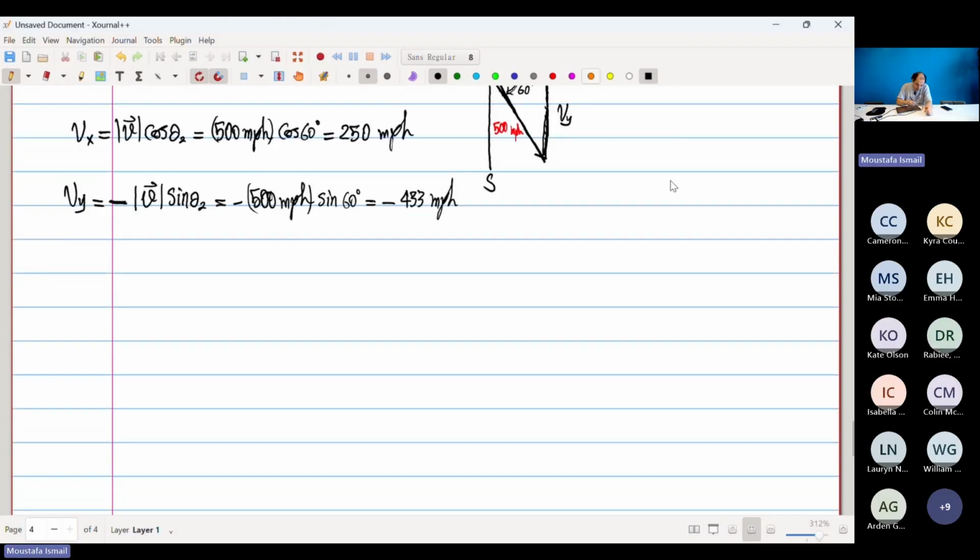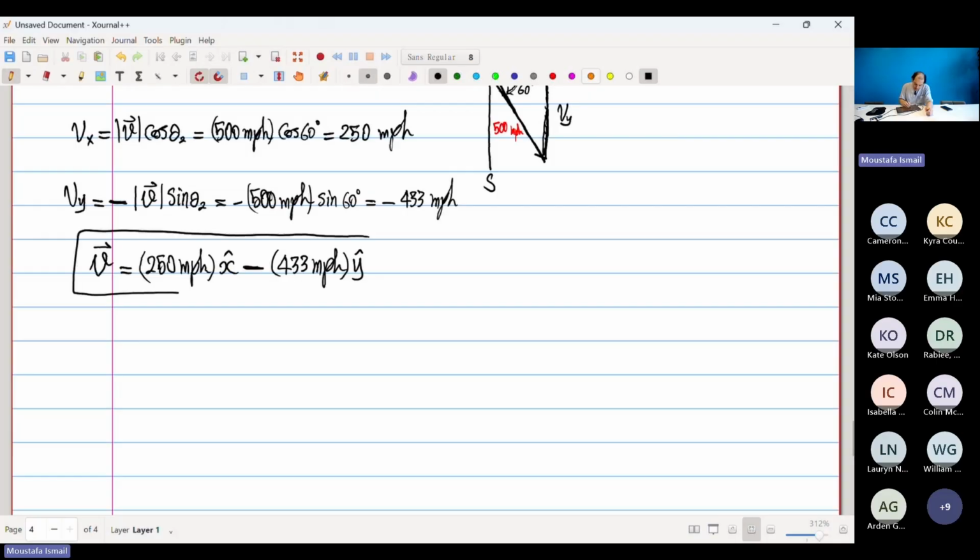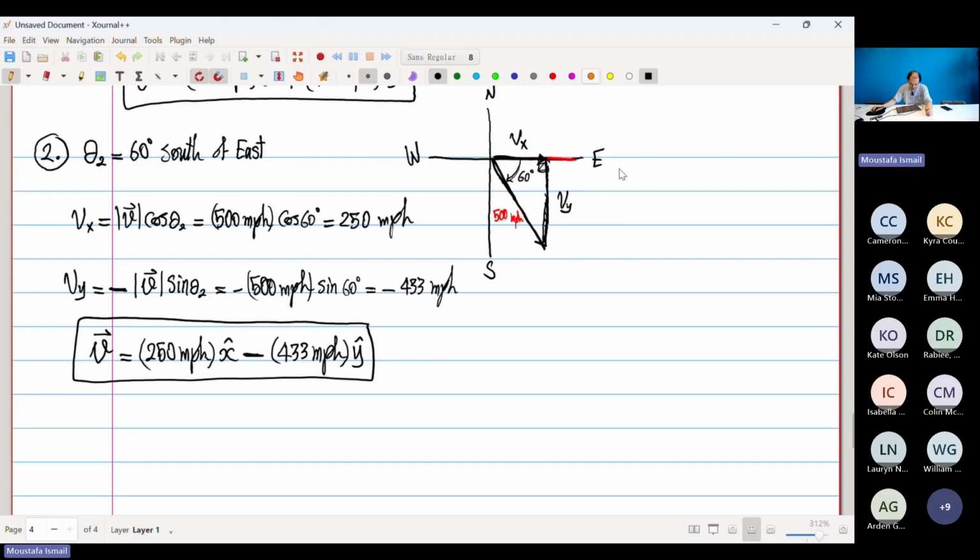I prefer to do it every time by drawing the triangle, because that makes it much less possible to make mistakes. In component form, this becomes 250 miles per hour along x minus 433 miles per hour along y. So it looks exactly the same vector, but with a minus sign instead.